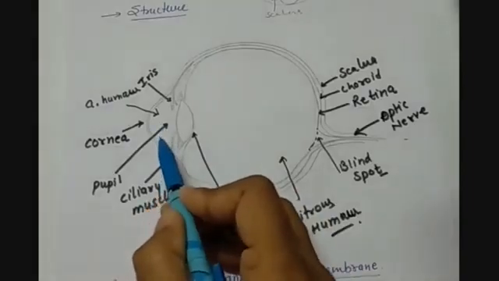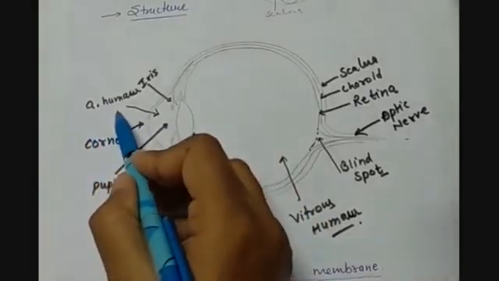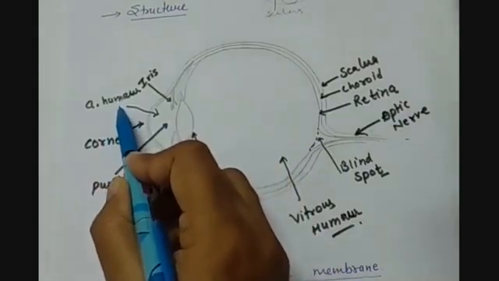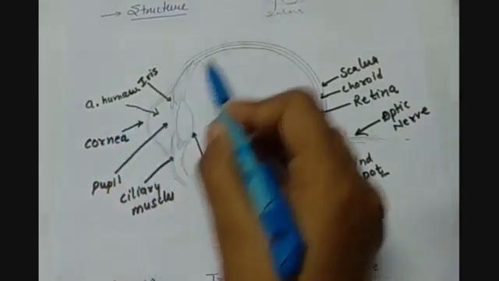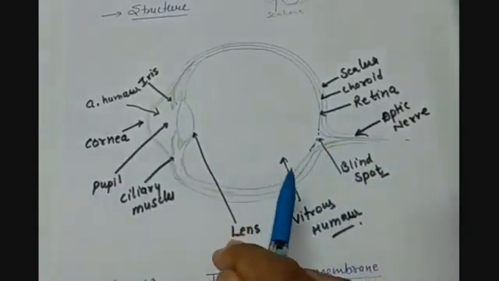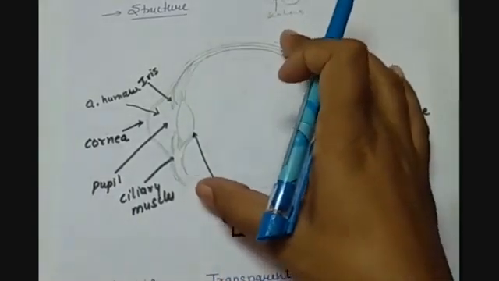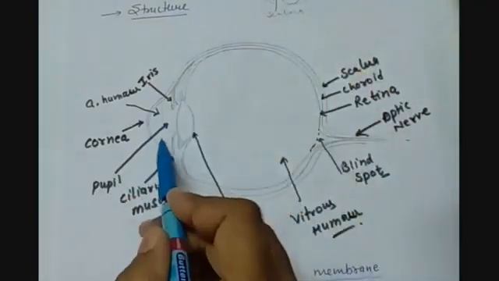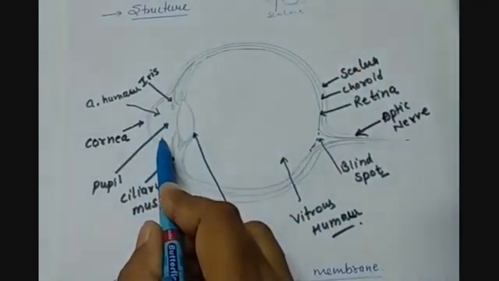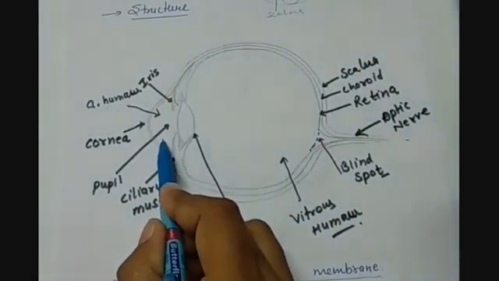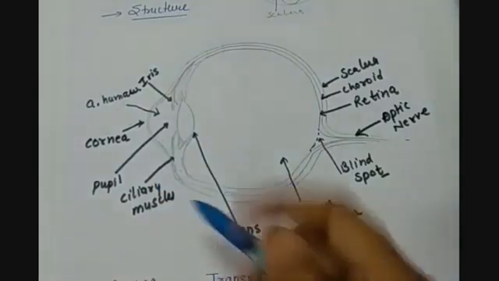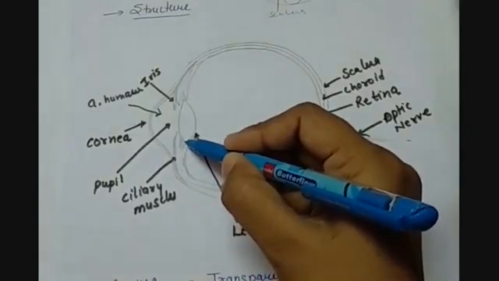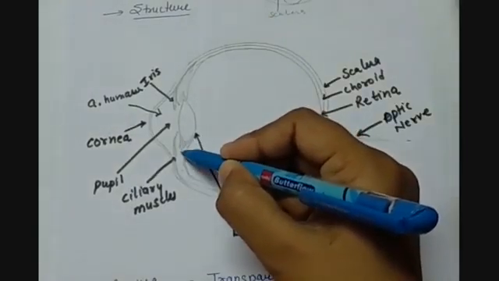Then this cavity, which is filled with aqueous humor, maintains the fluid pressure so that the size and the shape of the eyeball can be maintained. And this also provides the nutrition to the various parts of eye. Then the suspensory ligaments are attached with the lens and the ciliary muscles.